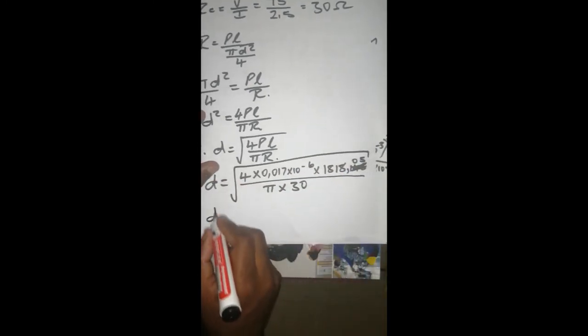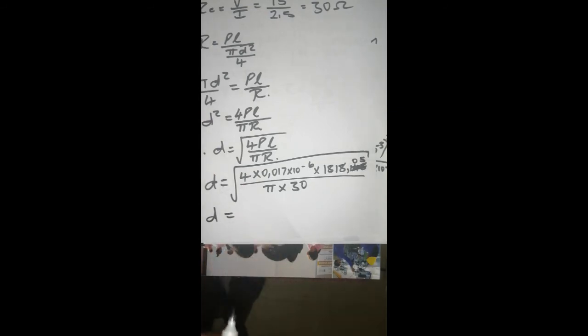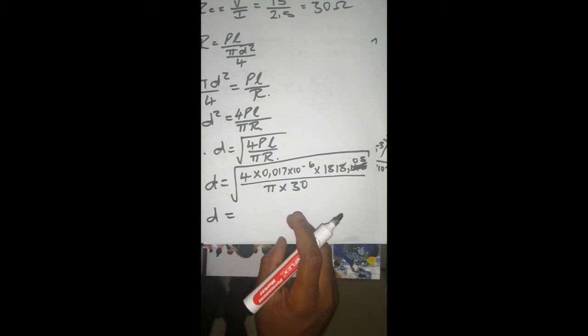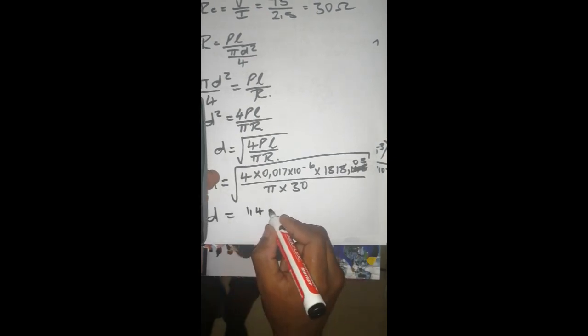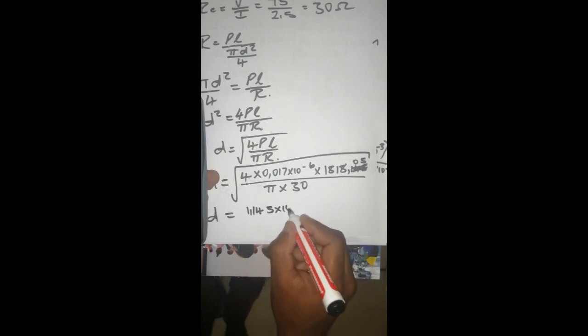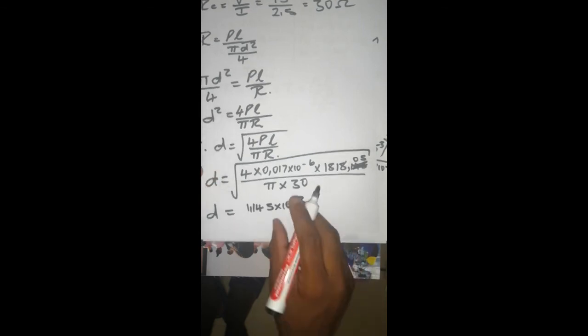Then D equals the square root of 4 times 0.017 times 10 to the power negative 6 times 18.05 over pi times 30, and that gives us 1.145 times 10 to the power negative 3.